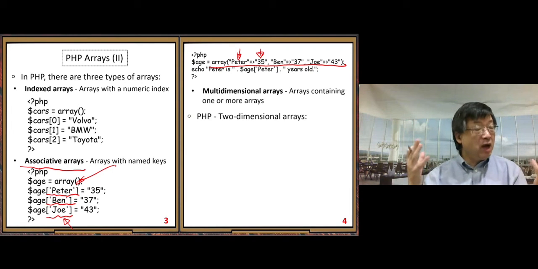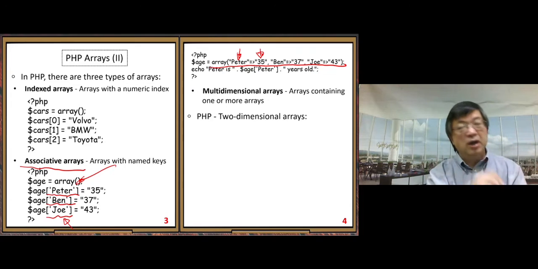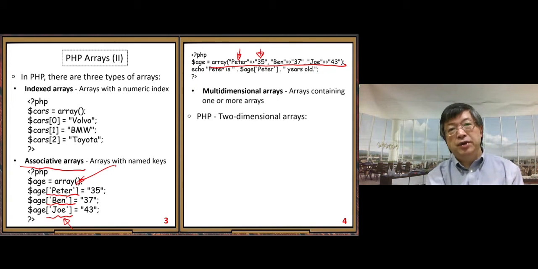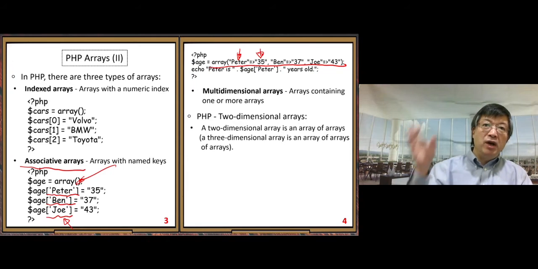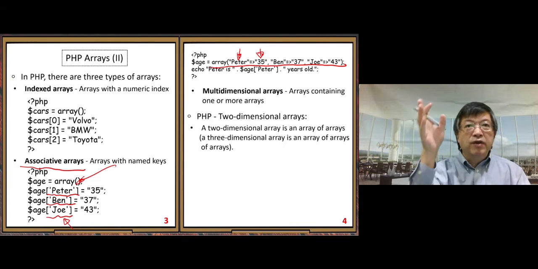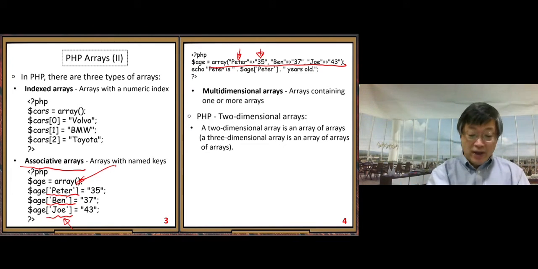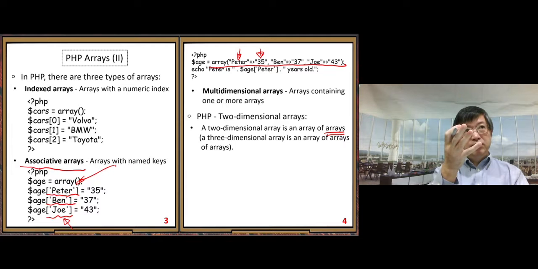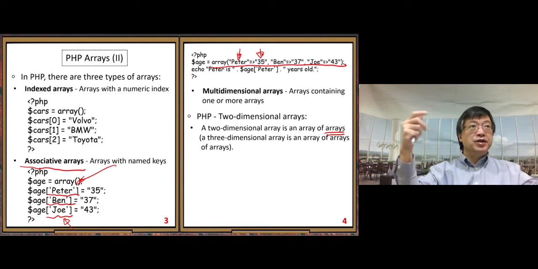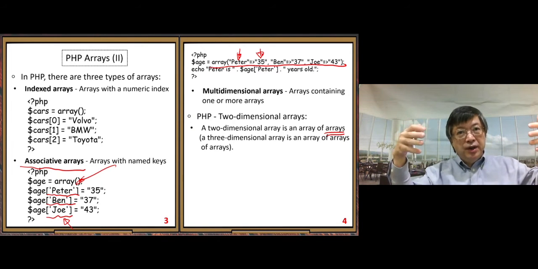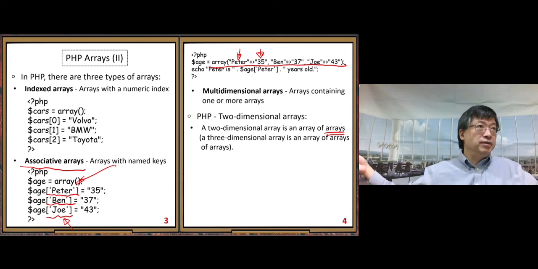Most of the time, we may use two-dimensional arrays. A two-dimensional array is an array of arrays. That means each element is another array, itself a complete one-dimensional array.